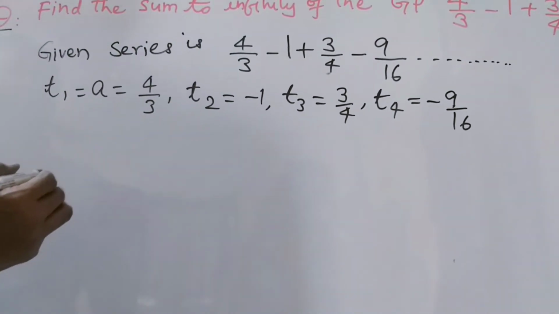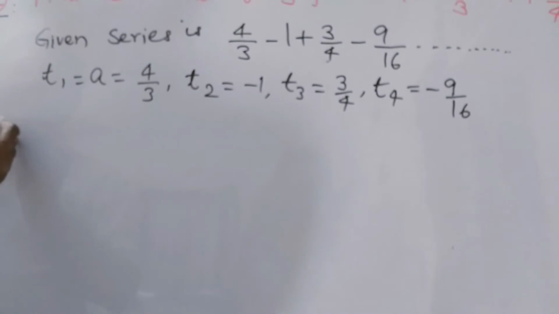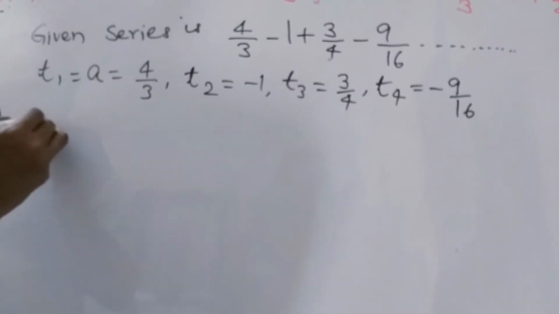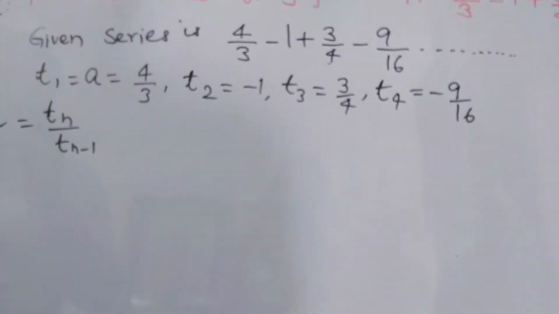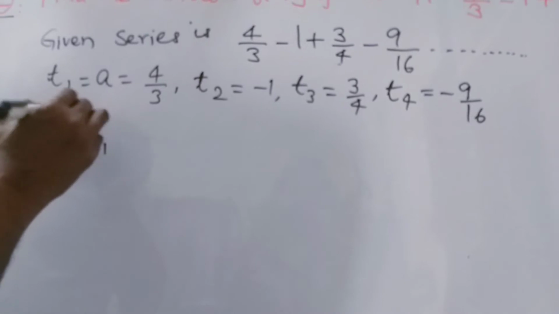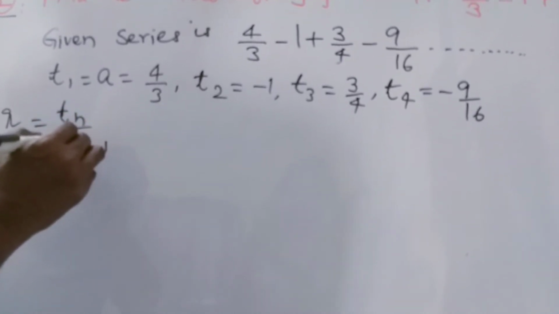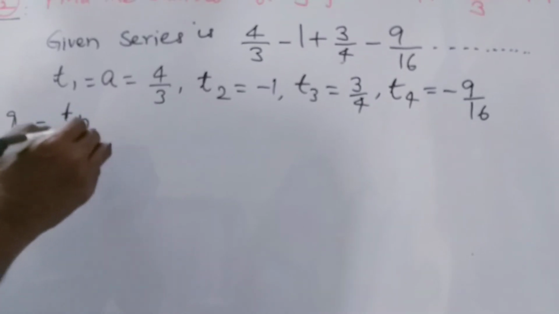Now we have to find the common ratio of this series. Therefore, common ratio is equal to Tn by Tn minus 1. When we substitute n equal to 2 in the numerator, it becomes T2. In the denominator, 2 minus 1 becomes T1.